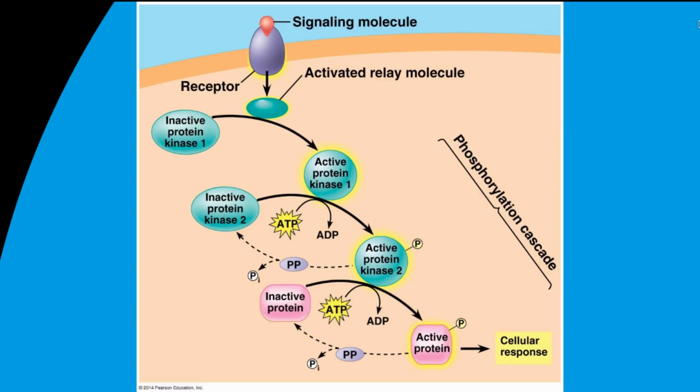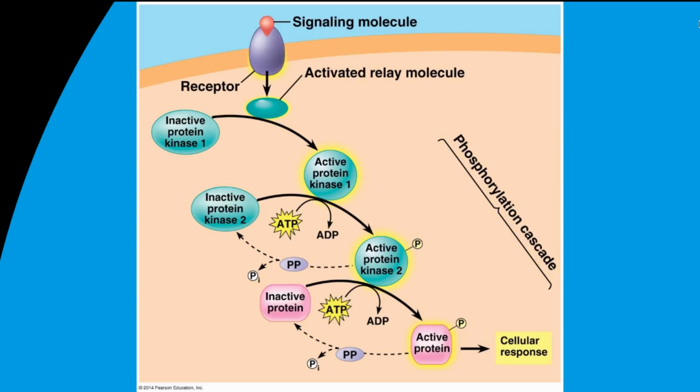A kinase enzyme is going to transfer a phosphate group from ATP to a protein and phosphorylate that protein. And this phosphorylation will then activate the next kinase in line to phosphorylate the next target.